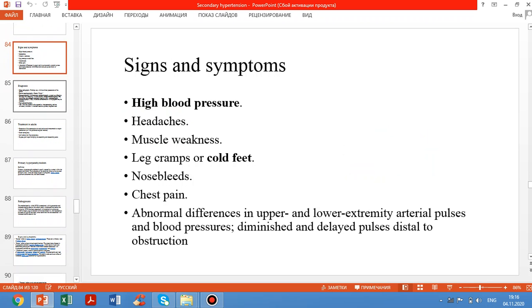Signs and symptoms: high blood pressure, headache, muscle weakness, leg cramps or cold feet, nosebleeds, chest pain, abnormal differences in upper and lower extremity arterial pulses and blood pressure, diminished and delayed pulses distal to obstruction.